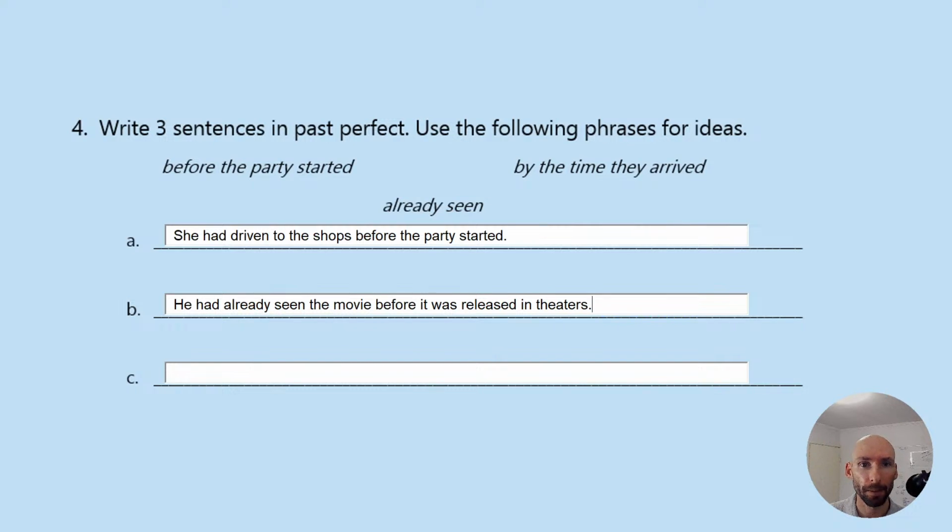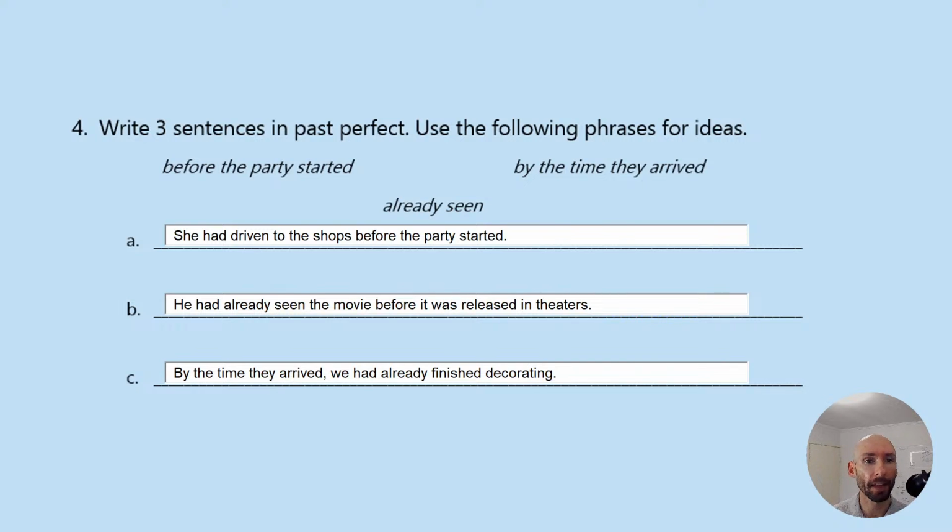Now my last one. By the time they had arrived. Or by the time they arrived. Here we go. By the time they arrived, what could have happened? By the time they arrived, we had already finished. We had already finished decorating.